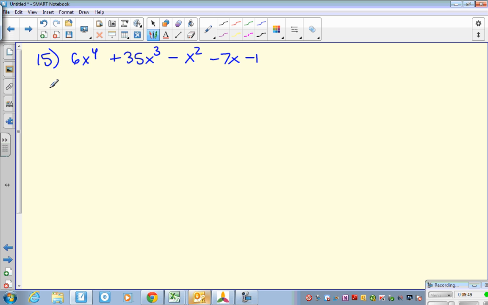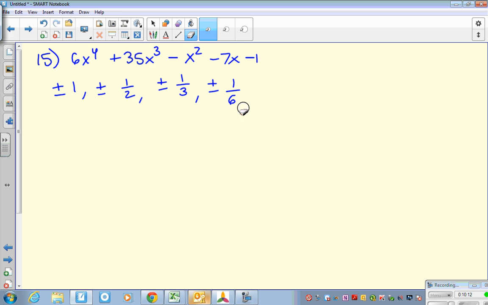Last night, over the weekend, you should have seen that the possible rational roots are plus and minus 1, plus and minus 1/2, plus and minus 1/3, plus and minus 1/6. And sorry, that is all. These are the possible rational roots.